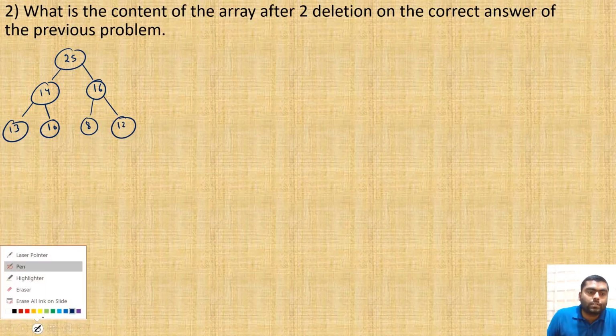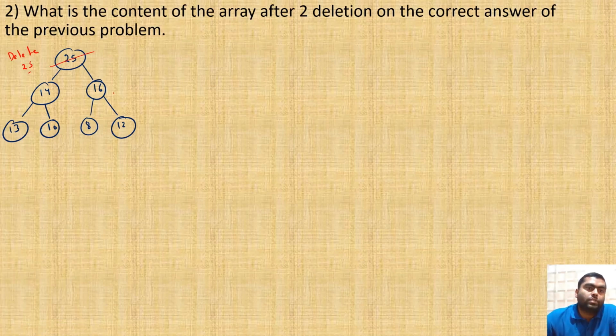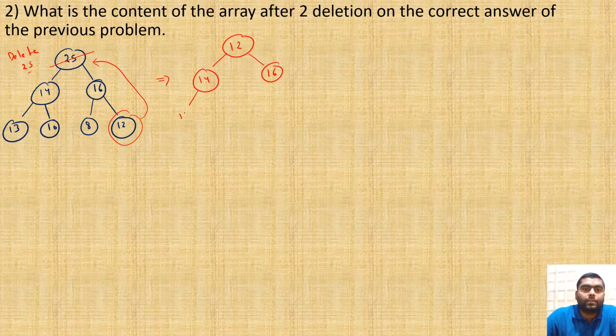Okay, so firstly delete 25, so 25 will be deleted. So what is the replacement? The replacement will be the last value, 12. Okay, so what is the resultant tree? 12 at the root, left is 14 and right is 16, then 13, 10, and this is 8. Now see, is it okay or not?